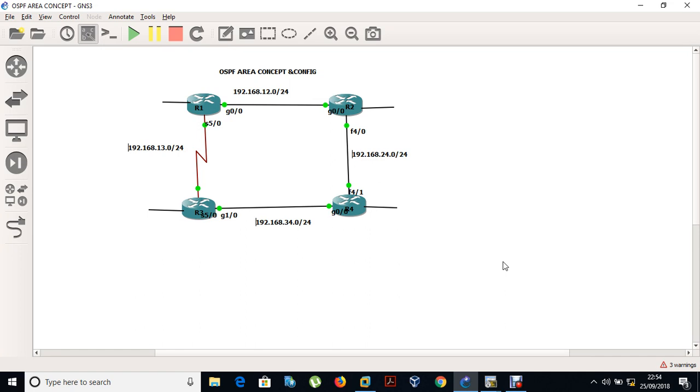In this video we will be taking a look at the OSPF area concept. So what is an area? What is an OSPF area?